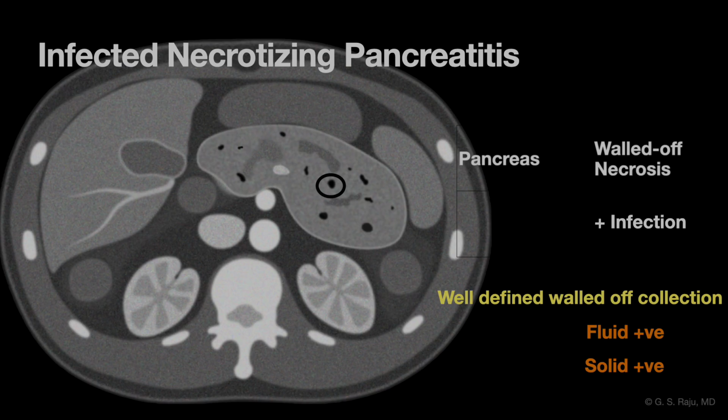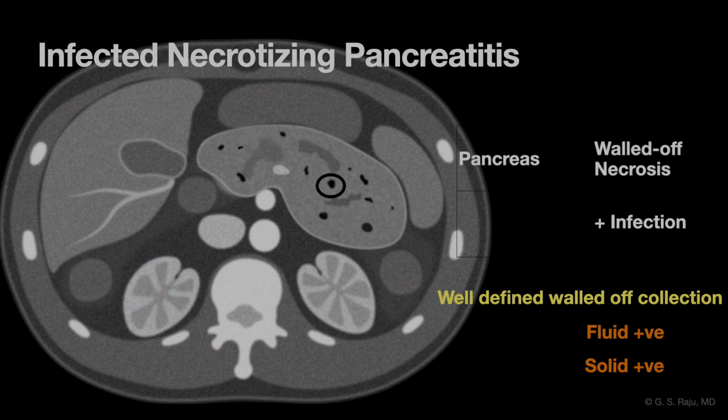And let me just summarize. When you look at a patient with pancreatitis, you ask yourself, is this involving pancreas and peripancreatic tissue also? Is this just inflammation and edema, or is there necrosis? And then you ask, is this just fluid or a solid component?